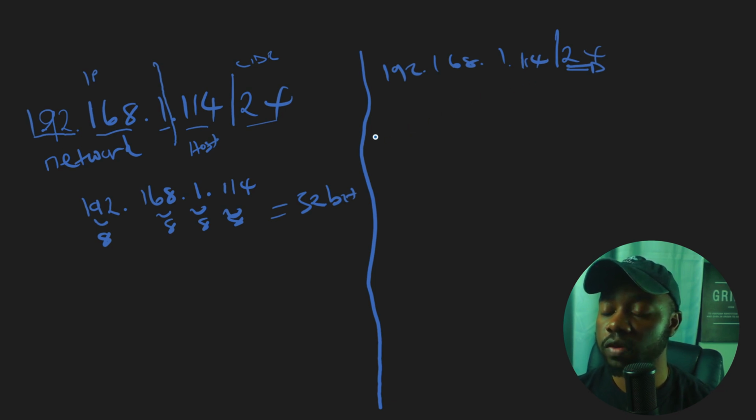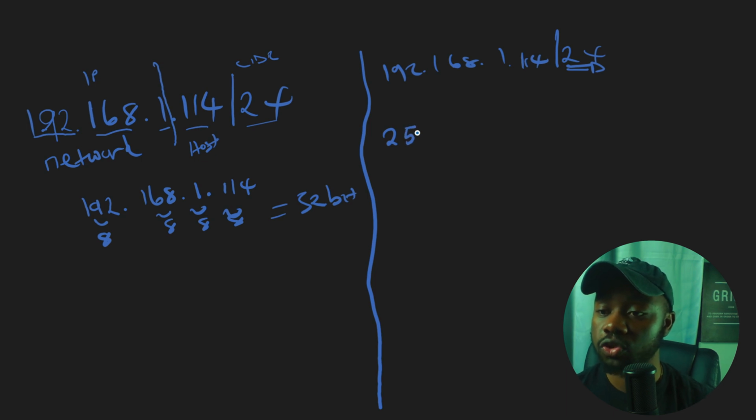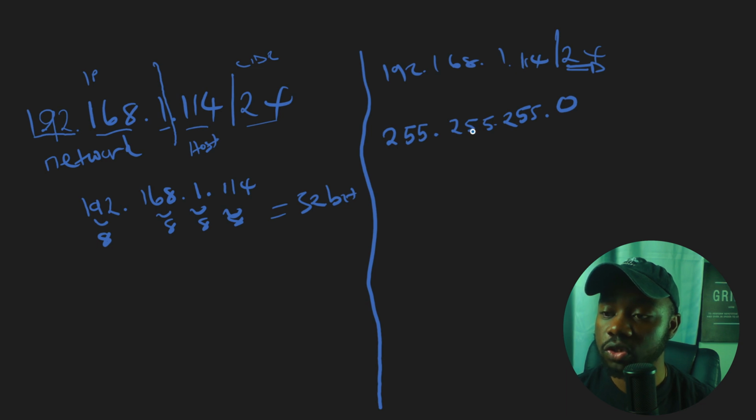So with a /24, remember we said an IP address is made up of 32 bits, so the /24 simply represented in IP address terms is 255.255.255.0. How we come up with this number is in the next video coming up, so you can check that out on the next video. But for now, let's just stick to the basic numbers.